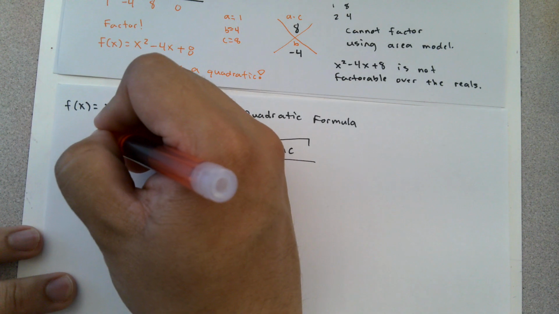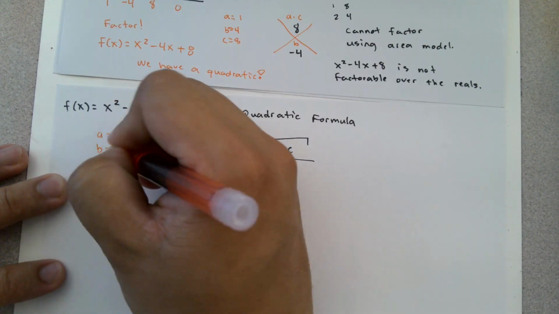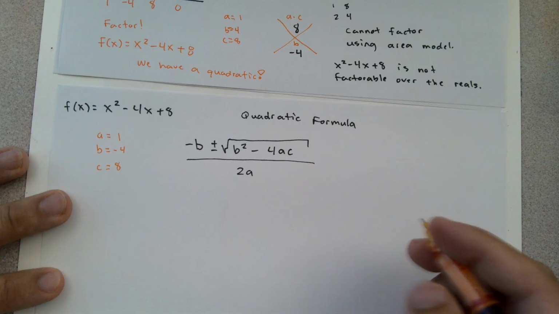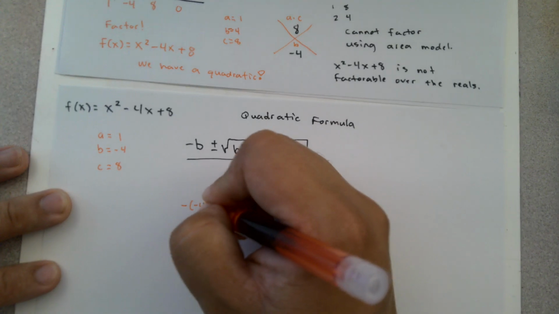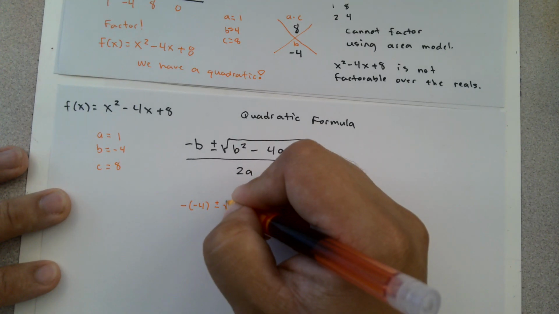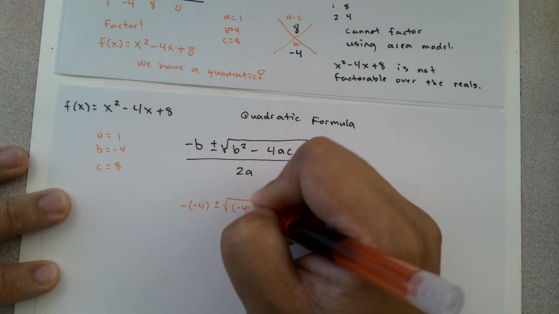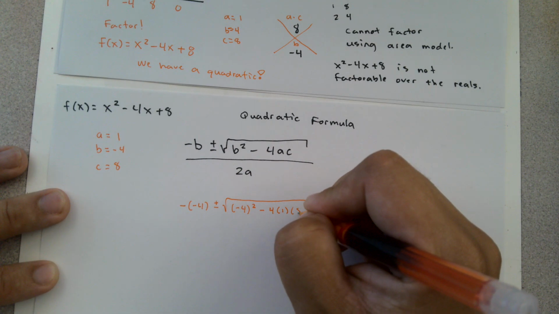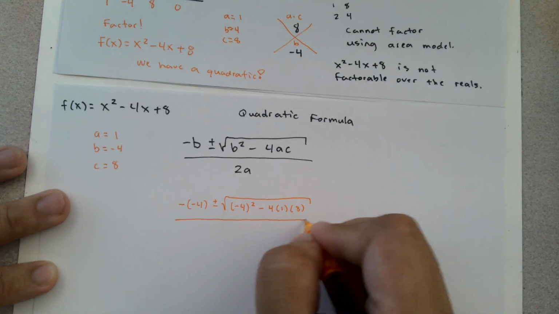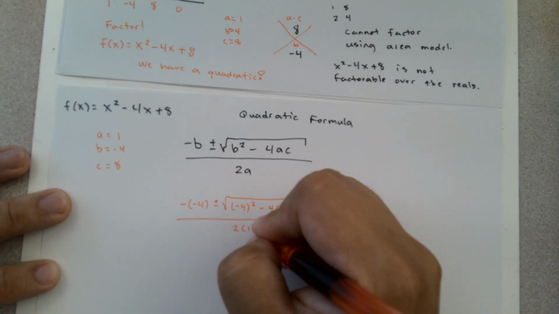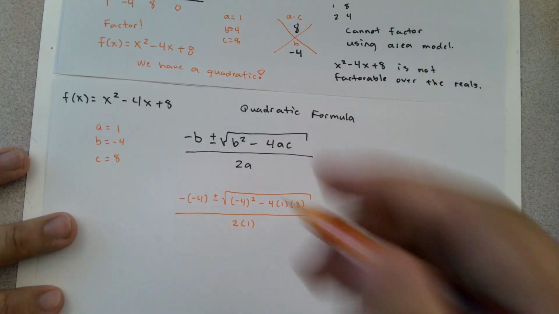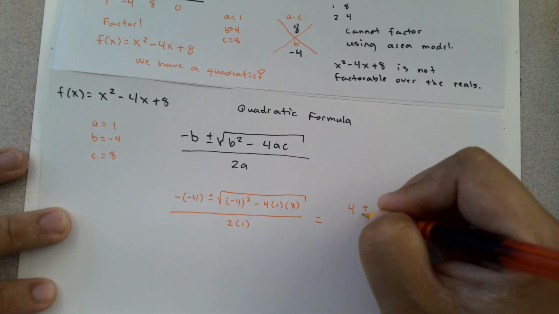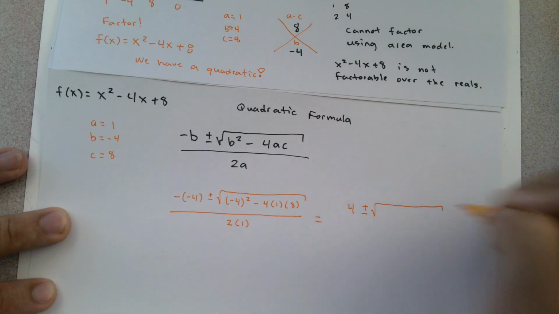A was equal to 1, B is negative 4, and C is 8. So just substitute. We have negative 4 plus or minus negative 4 squared minus 4 times 1 times 8, all divided by 2 times 1, which is equal to 4 plus or minus the square root.